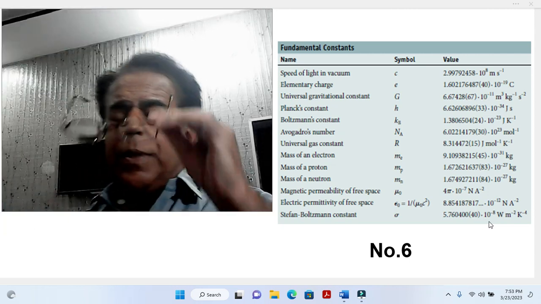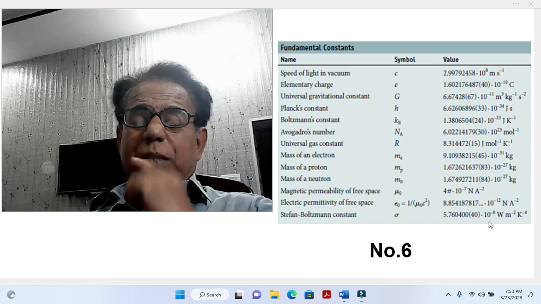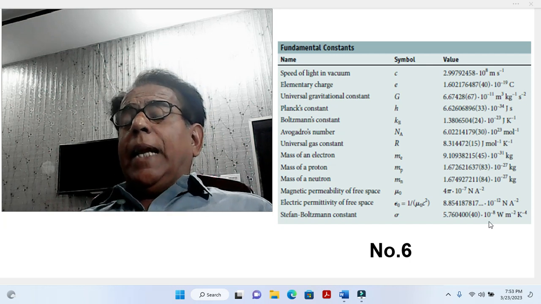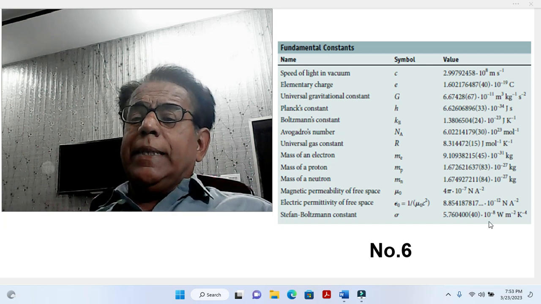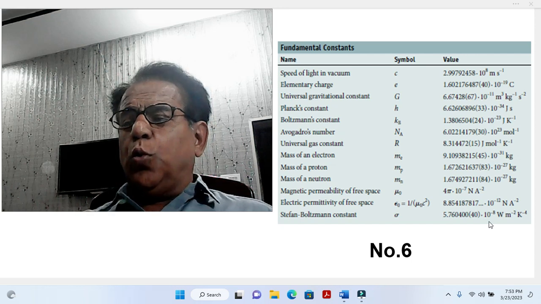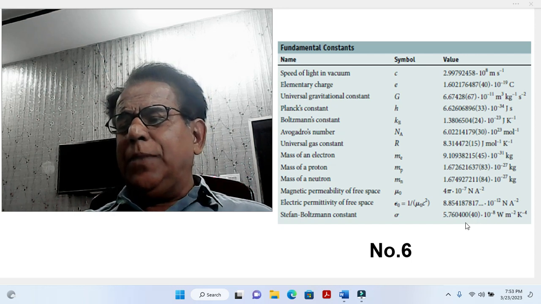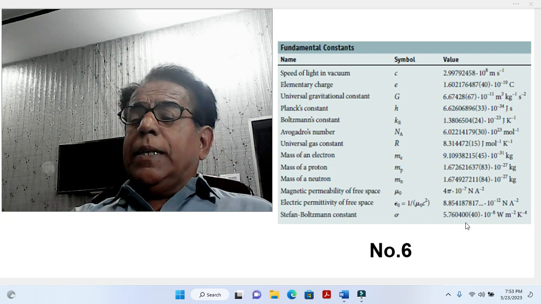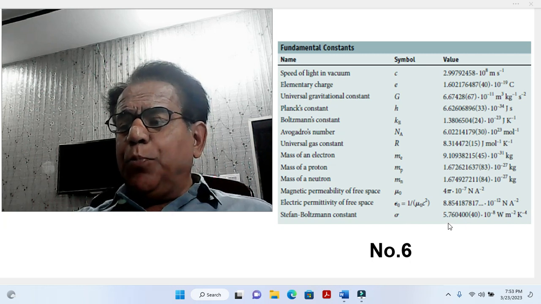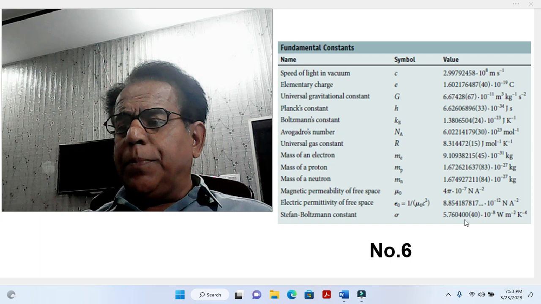Anyhow, dear students, actually this snapshot was on a full page and it has been reduced, so I think it is quite visible. Sigma is equal to 5.6704 times 10 raised to the power minus 8 watt per meter squared per Kelvin raised to the power 4.